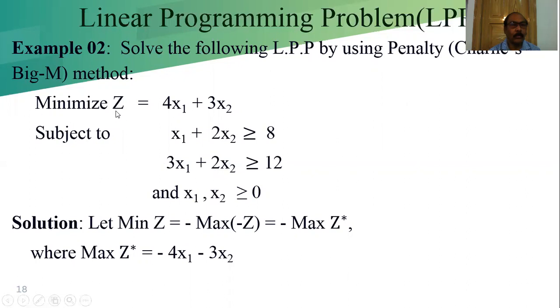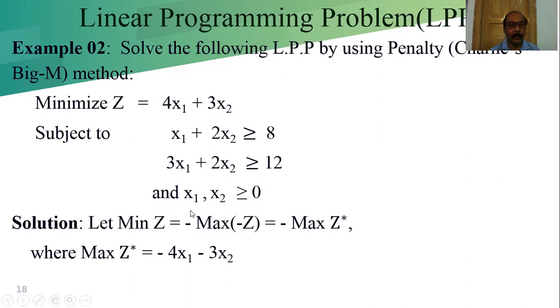First, we know that when we are handling a minimization problem LPP, we convert it to a maximization problem. So let minimize Z equal to, we can easily write, minus of maximum of minus Z equal to minus of max Z star.